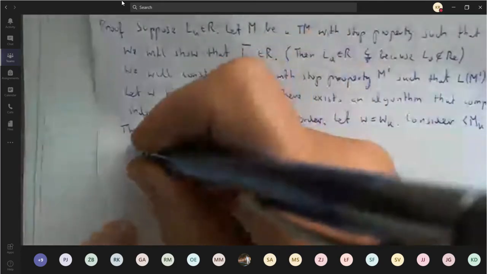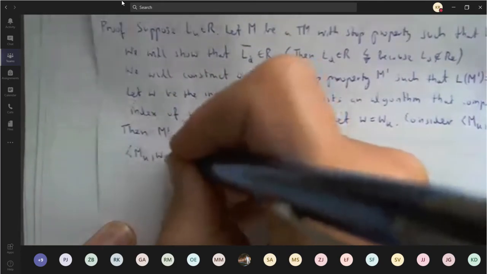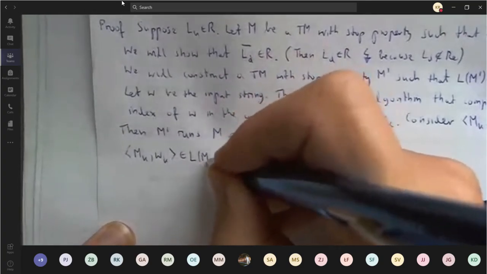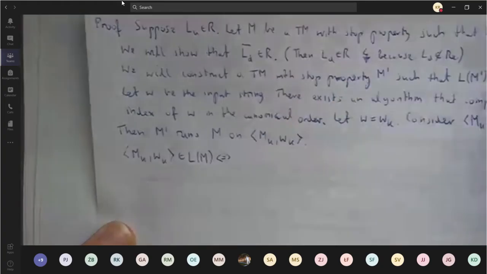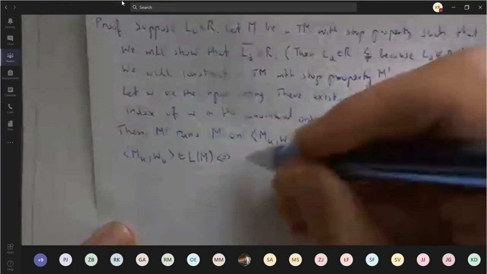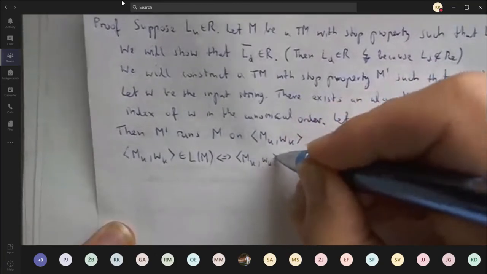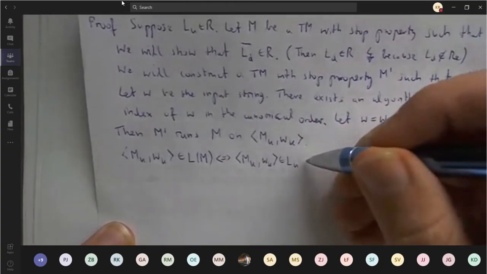The string M_K W_K is accepted by M if and only if the language of M is the universal language, if and only if M_K W_K belongs to the universal language.